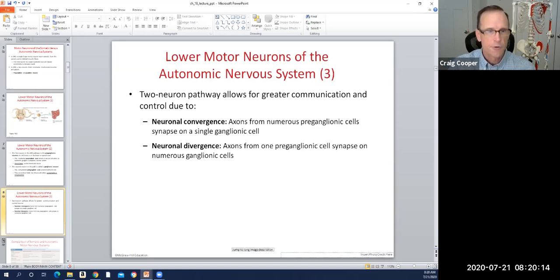So the neuronal convergence gives us the ability to more discreetly control what's going on, especially on the parasympathetic side. But the neuronal divergence is much more about alerting lots of stuff with one message so that we can have a synchronized response. And that's what the sympathetic is all about.